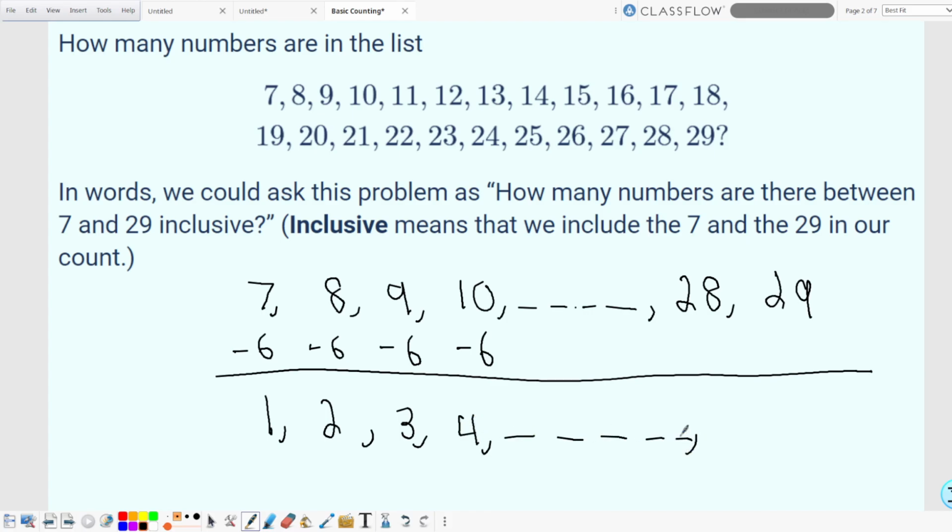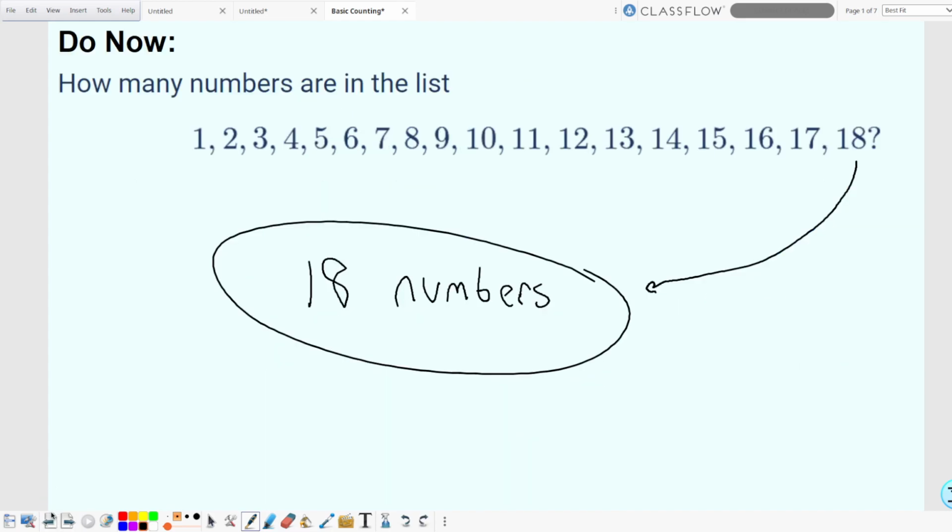So we can see it's now a new list of numbers going up by 1 each time. And subtracting 6 here, we would get 22. And then subtracting 6 over here, we would get 23. And as we can recall, when we have a list of numbers that starts at 1 and goes up by 1 each time, that means the answer is that last number on the list, in this case 23, just like how it worked out in the first problem.